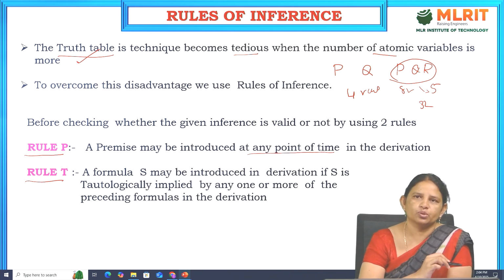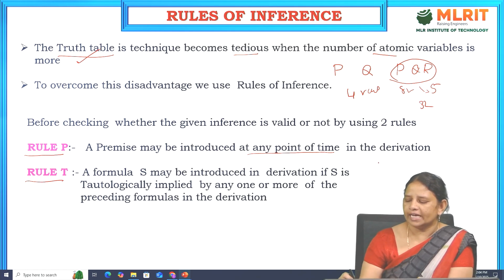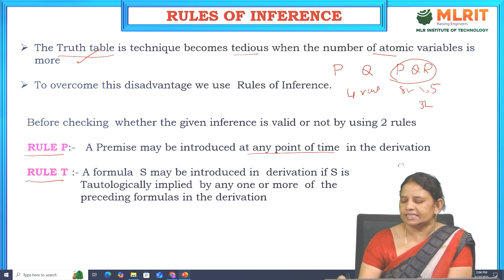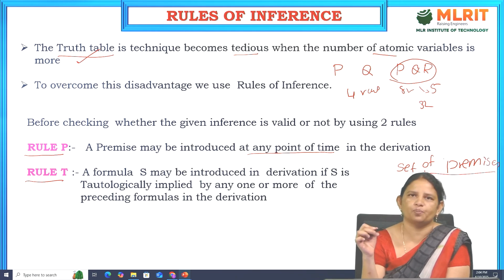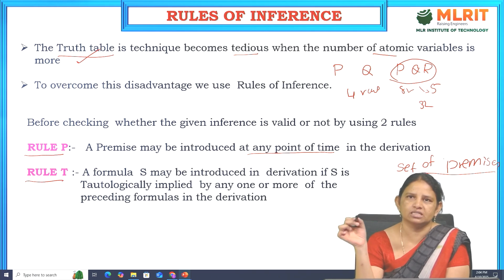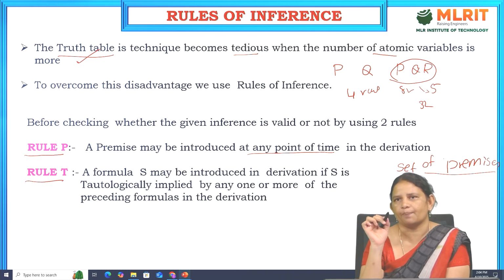So, this rule P can be applied at any time. The rule P is already present in the set of premises. That is the most important point. Suppose the problem has given a set of premises, this rule P is to be applied for the existing set of premises.